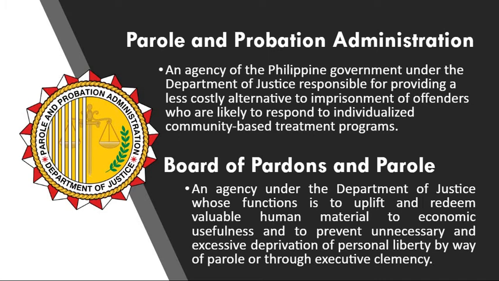Okay po. Ngayon, when it comes to dun sa tinatawag nating executive clemencies, okay, which is given by the President, okay, meron tayong boards of pardons and parole. So, sila yung parang nag-approve or nagbibigay muna ng recommendation sa President. Okay po. So, magkaiba yan ha, sa boards of pardons and parole and PPA.